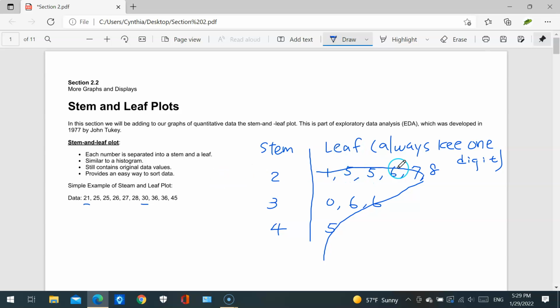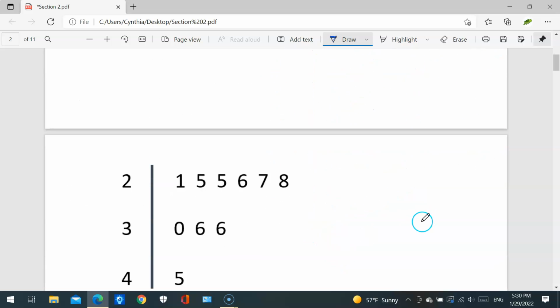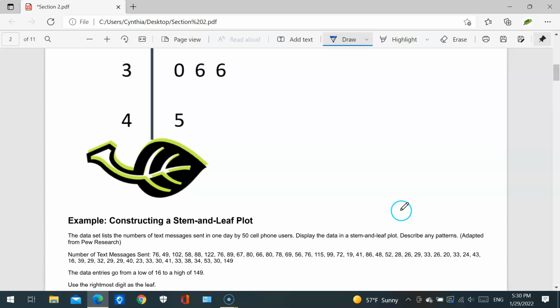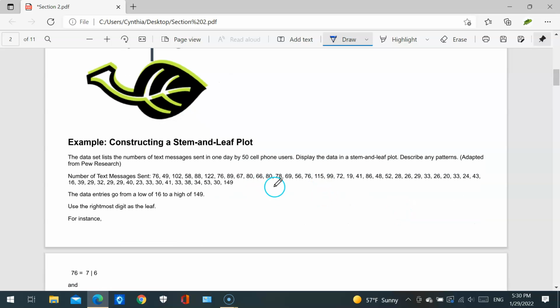When you have a small set of data, using the stem and leaf graph helps the audience easily visualize the data, because you can see the value of each data point and also the tendency of the graph. So when we have a small set of data, this is a good presentation to display your data.